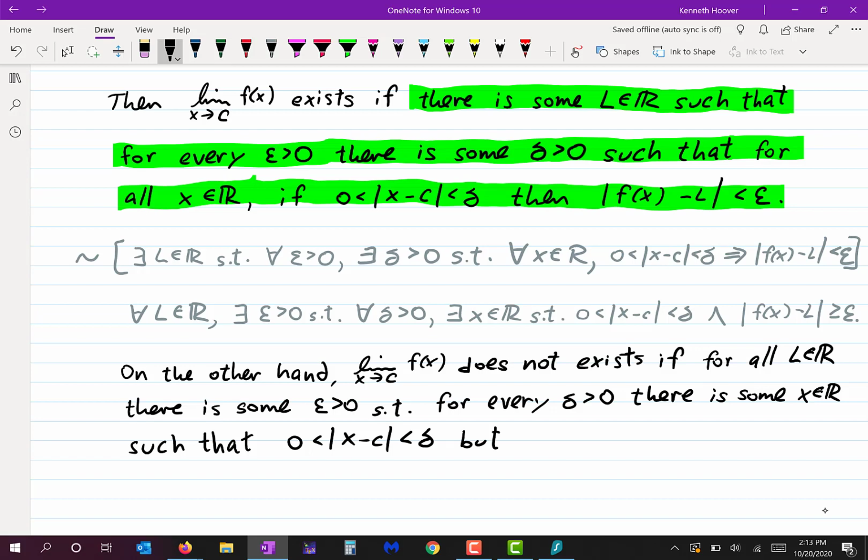It's not any better to say but instead of and. I'm just saying you could say either one. The absolute value of f of x minus L is equal to or greater than epsilon.